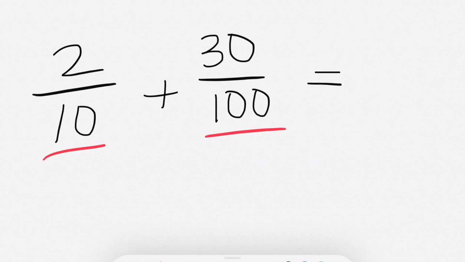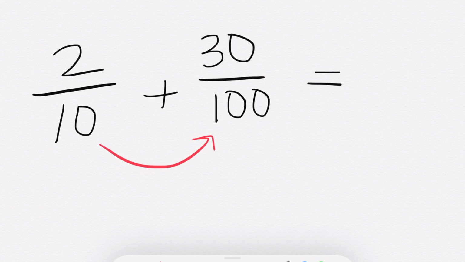So how do I make them the same? Well, I do exactly what we just did in our equivalent fractions. So I know that to get from 10 to 100, I need to multiply by 10. If I multiply 10 by 10, that gives me 100. And whatever I do to the bottom, I also have to do to the top. 2 times 10 is 20.